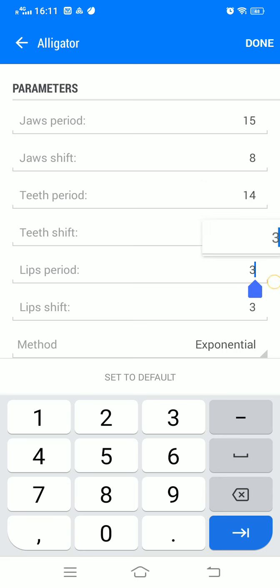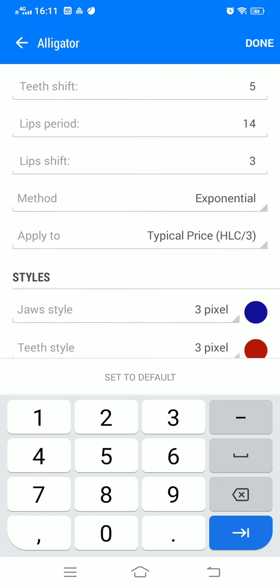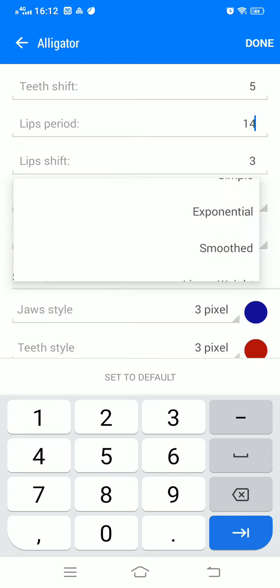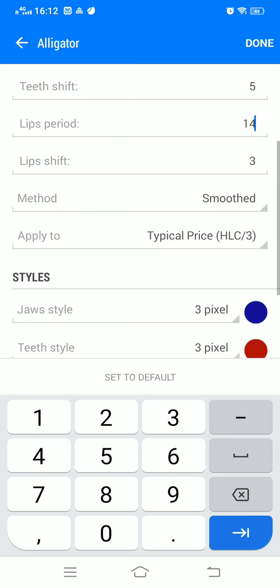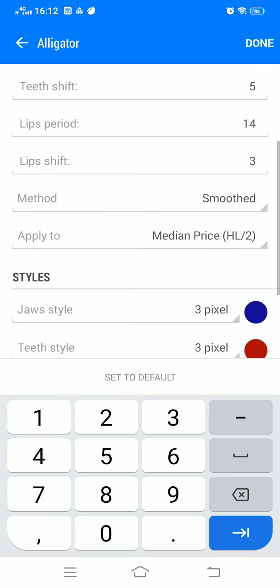For our lips period, we're going to make that 14. And lip shift, we're going to keep at 3. Then our method over here, we're going to change that to smooth, and we apply to median price. Okay, we want to apply to median price.